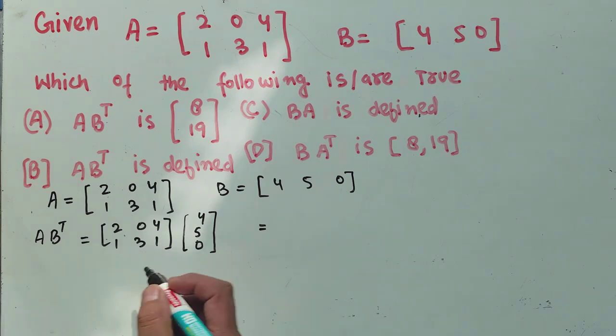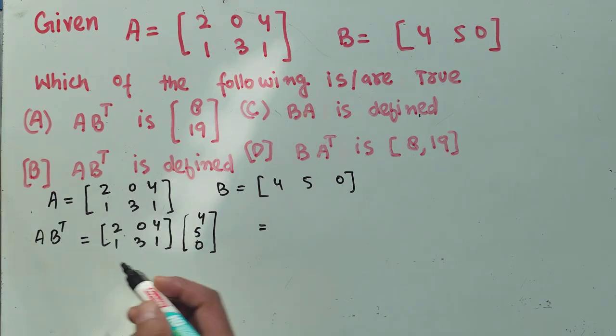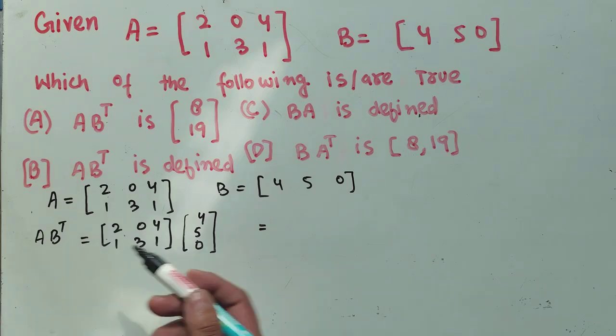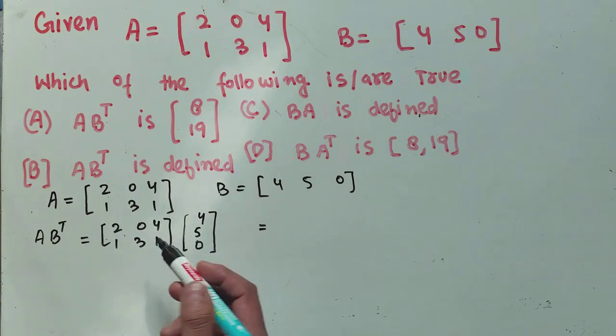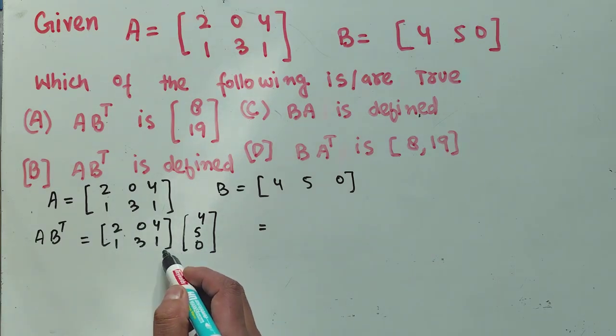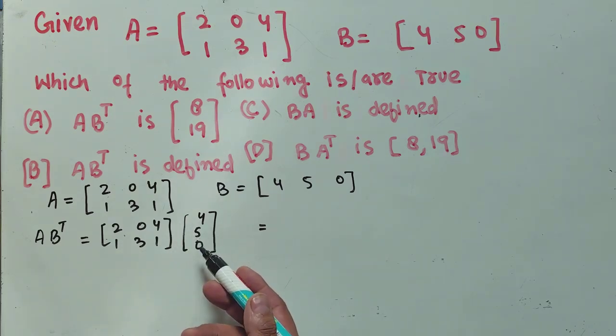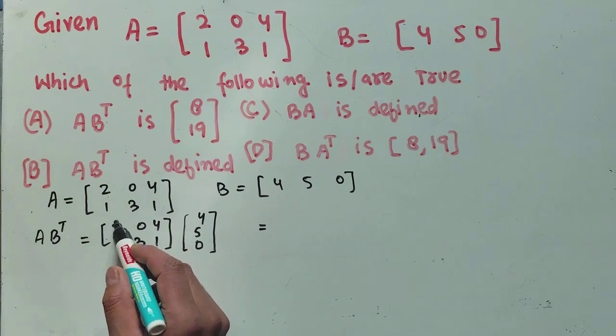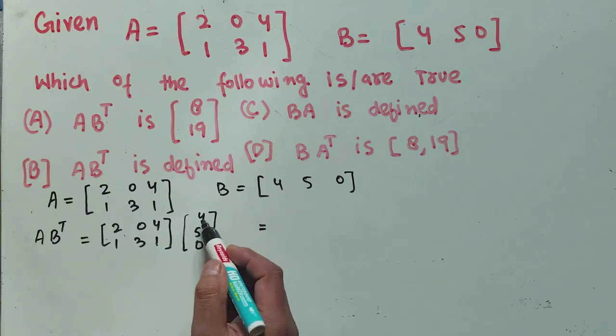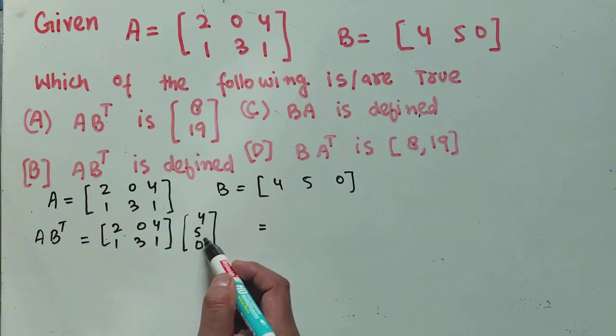Or we say A and B transpose, the product is defined or exists when the number of columns in the first matrix is equal to the number of rows in the second matrix. So what are the number of columns? 1, 2, 3. And what are the number of rows in the second? 1, 2, 3.